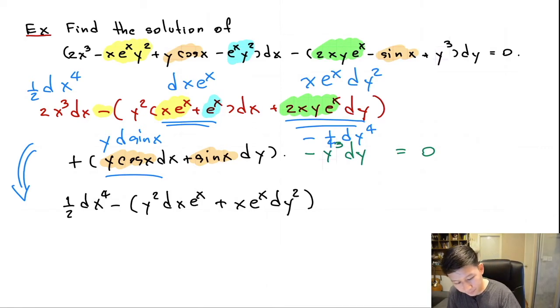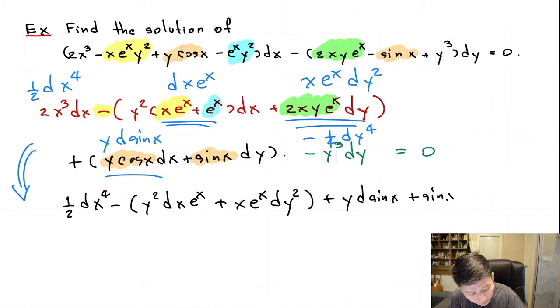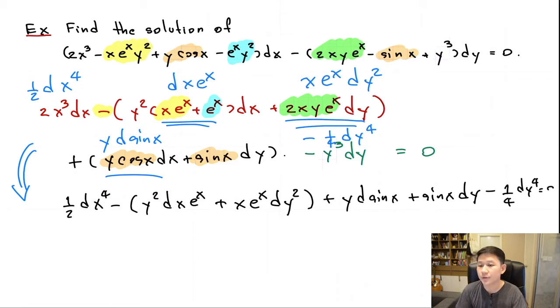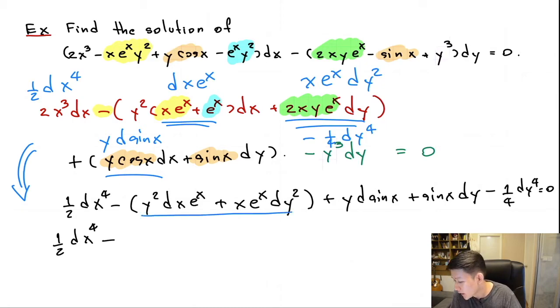Okay, so next it will be plus y d sin x plus sin x dy minus 1/4 of dy to the power of 4 equals 0. And then after that we get half of d x to the power of 4 minus this guy, which is actually d of x e to the x and y squared.